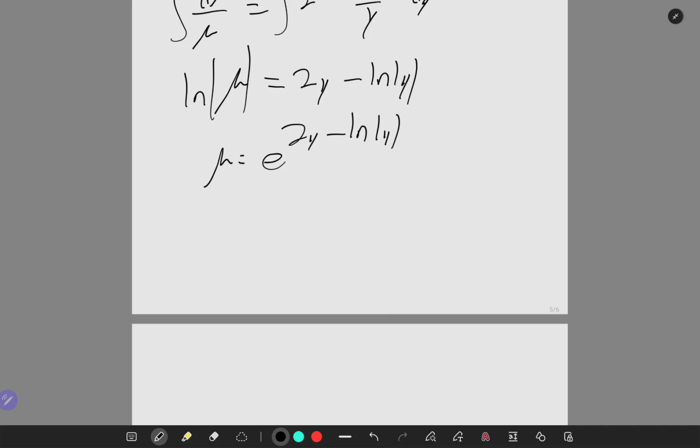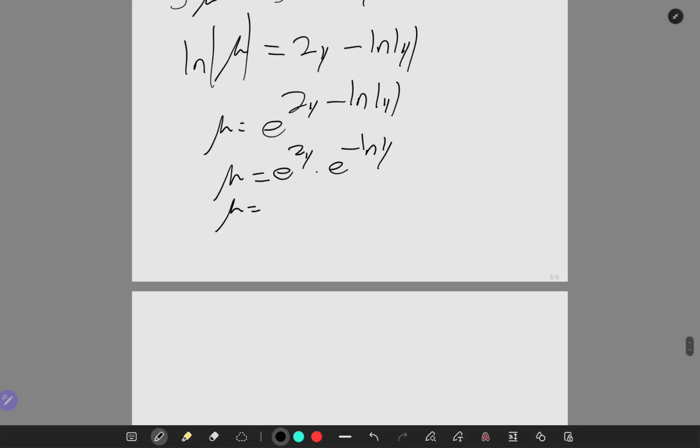Oh, we can simplify this, right? Mu is equal to e to the 2y times e to the negative ln of y. Oh no, that just becomes y, I'm sorry, y to the negative 1, right?